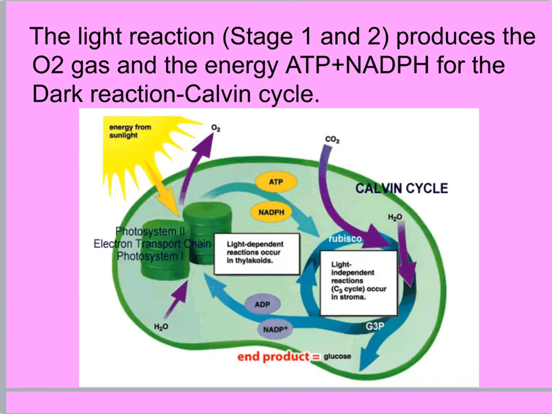Okay, so this is just a picture showing the light reaction producing oxygen gas and the energy ATP and then NADPH to be moved into the second phase we're fixing to talk about, the Calvin cycle.